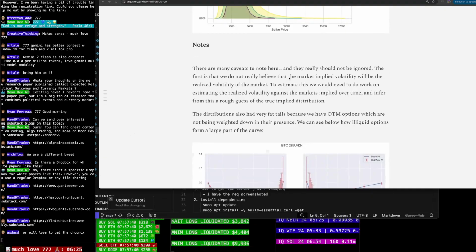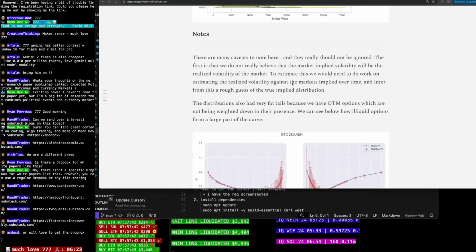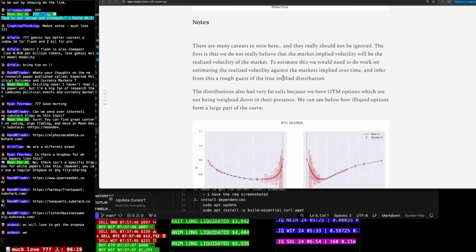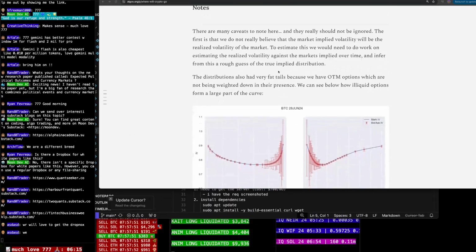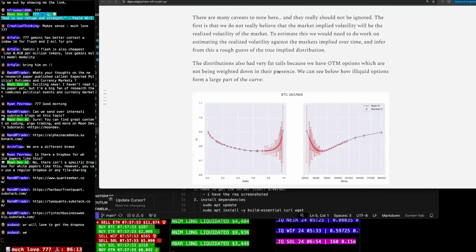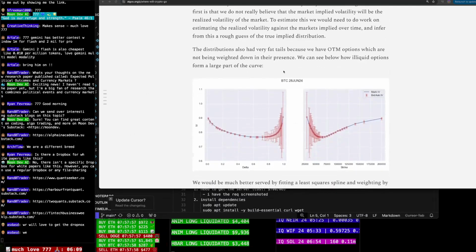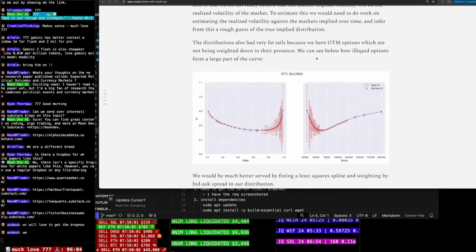There are many caveats to note here, and they really should not be ignored. The first is that we do not believe that the market implied volatility will be the realized volatility of the market. To estimate this, we would need to do work on estimating the realized volatility against the market's implied over time and infer from this a rough guess of the true implied distribution.